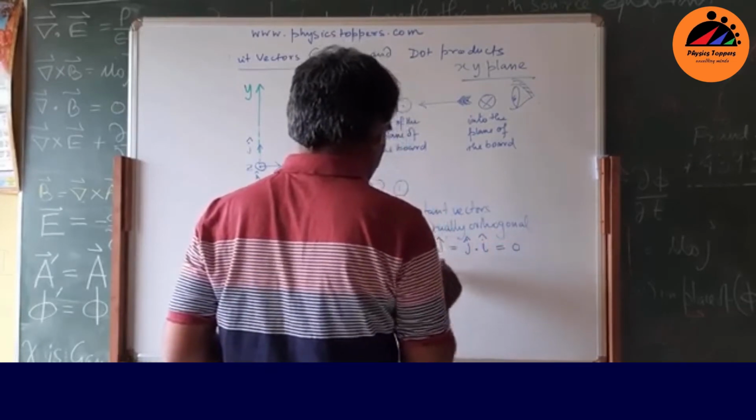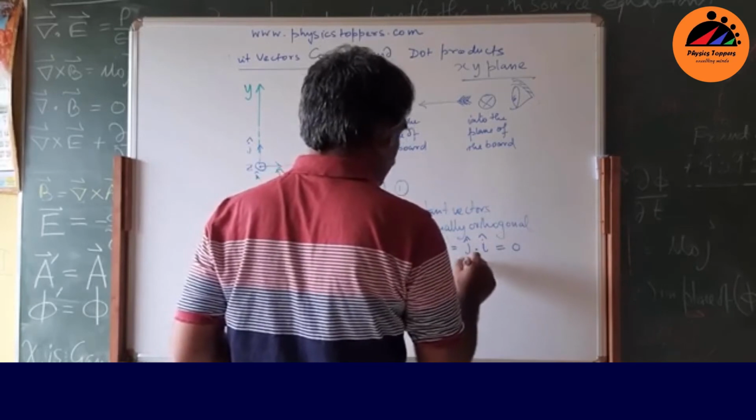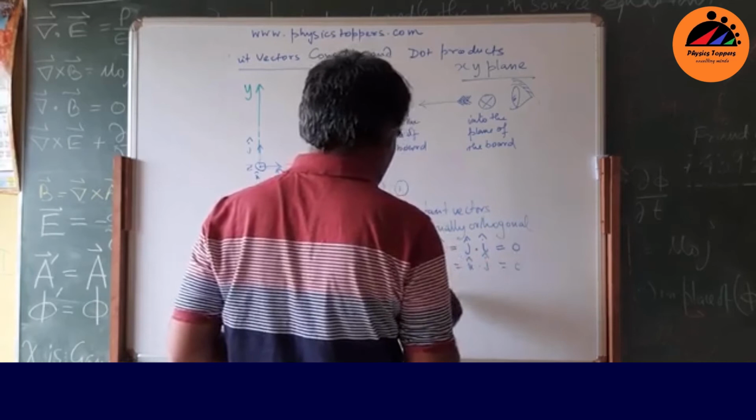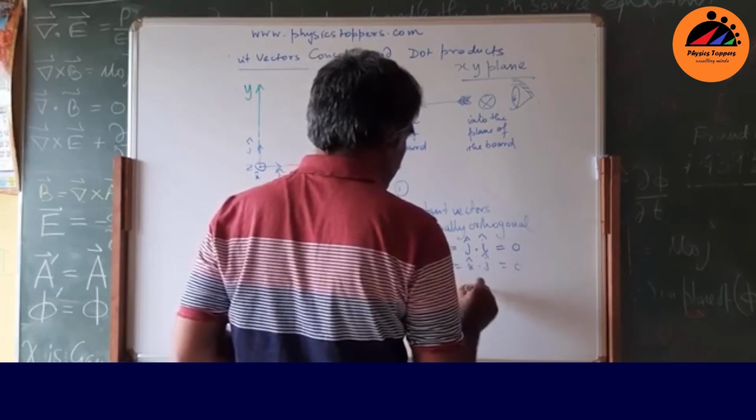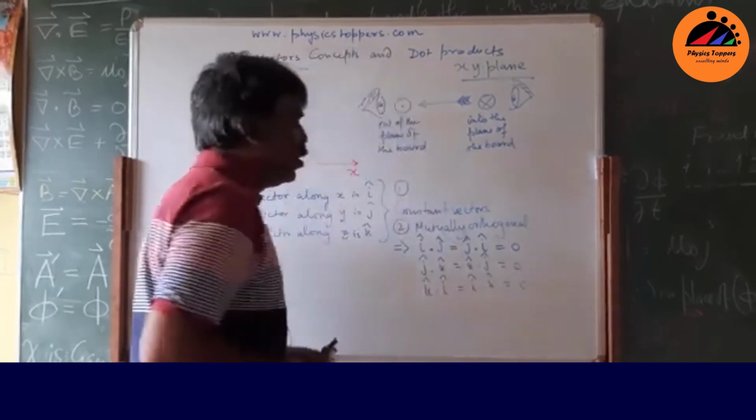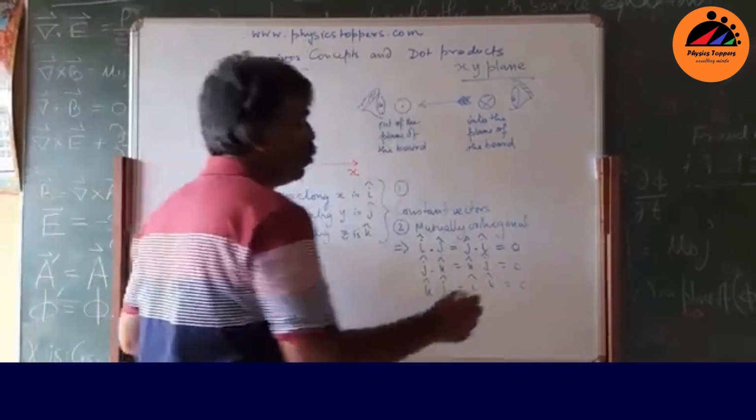Similarly, j cap dot k cap equals k cap dot j cap, which must also be 0, and k cap dot I cap equals I cap dot k cap, which must also be 0. So remember, this is the dot operation.